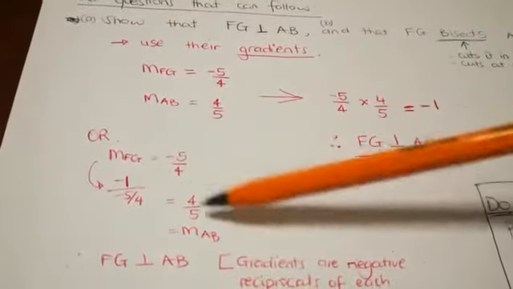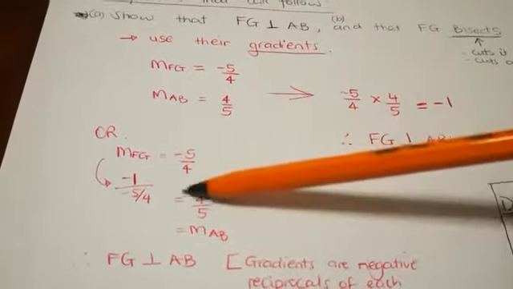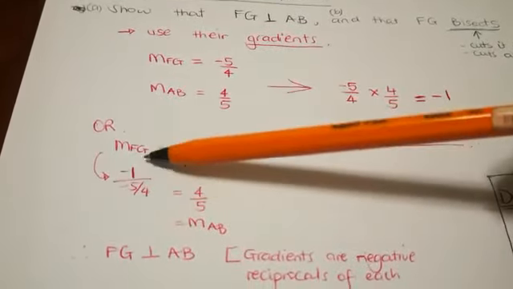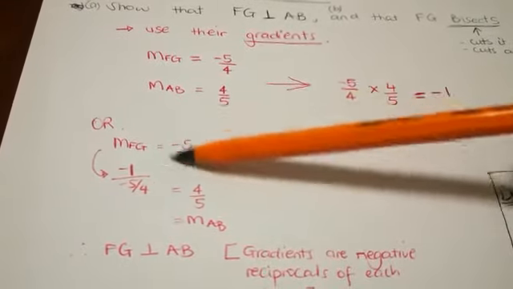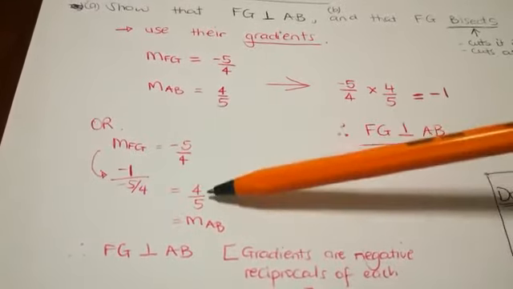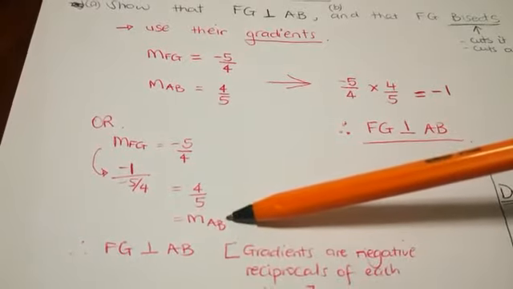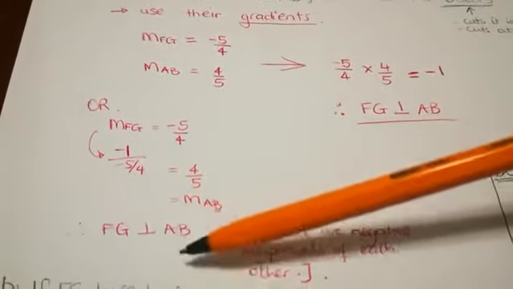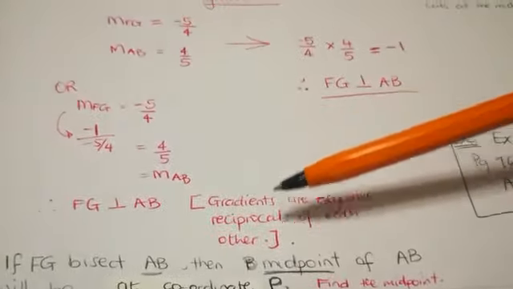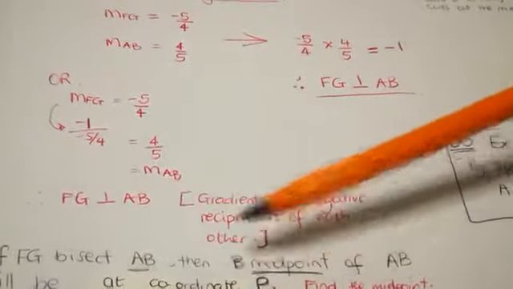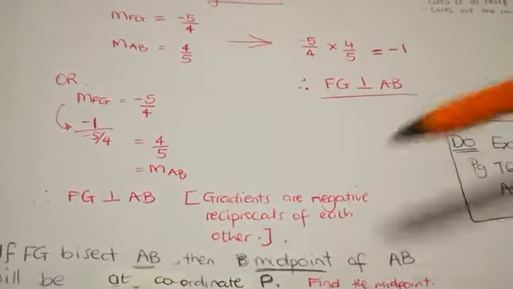Or you could have taken this one and did -1 over this one. If you do that, it gives you 4/5, which is the gradient of AB. Then you conclude that they are perpendicular because the gradients are negative reciprocals of each other.